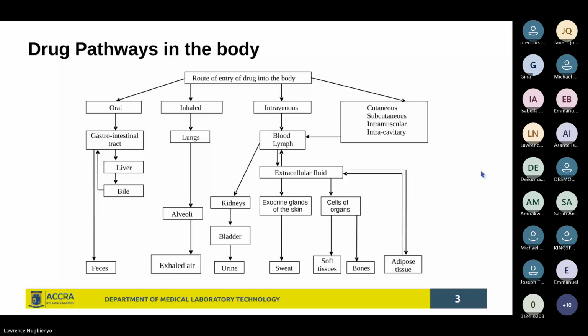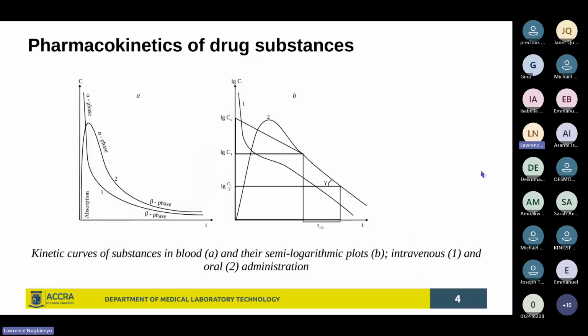Now, when you take any drug from the pharmacy and you look at the leaflet in these drugs, there's a portion that talks of pharmacokinetics. Actually, I think you did pharmacology, or if you haven't done it yet, you will. Pharmacology is divided into two main parts, which are pharmacodynamics and pharmacokinetics.